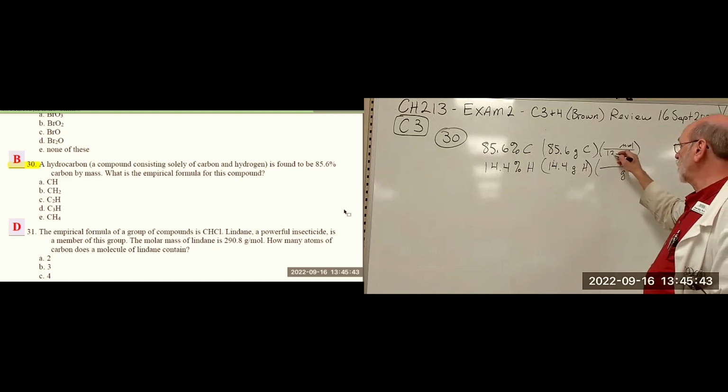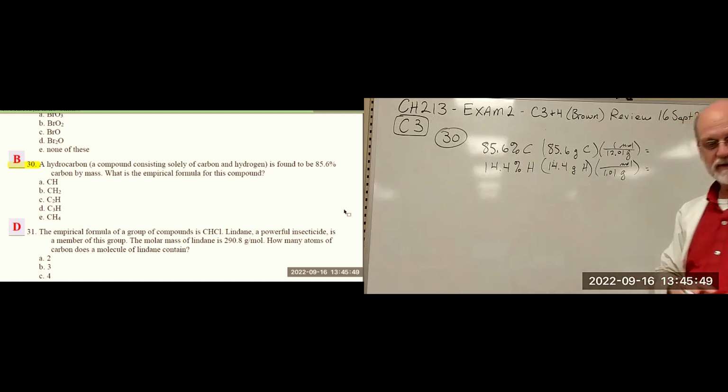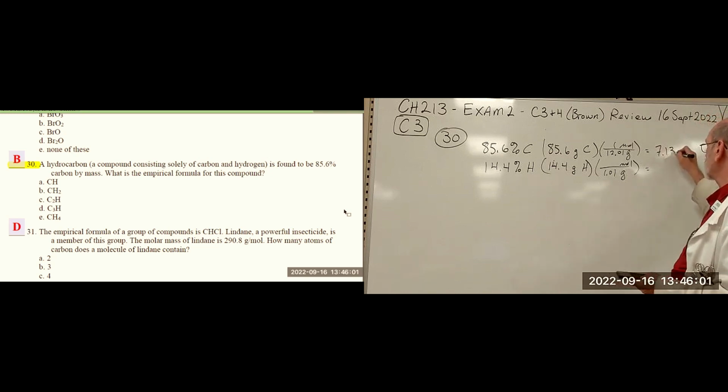Carbon will be 12.01, hydrogen will be 1.01. 85.6 over 12.01 is 7.13 moles of carbon. 14.4 over 1.01 is 14.3 moles of hydrogen. I think you can see that the ratio there is 2 to 1.